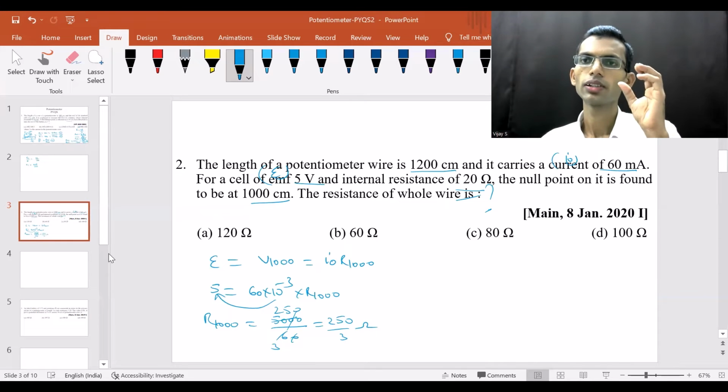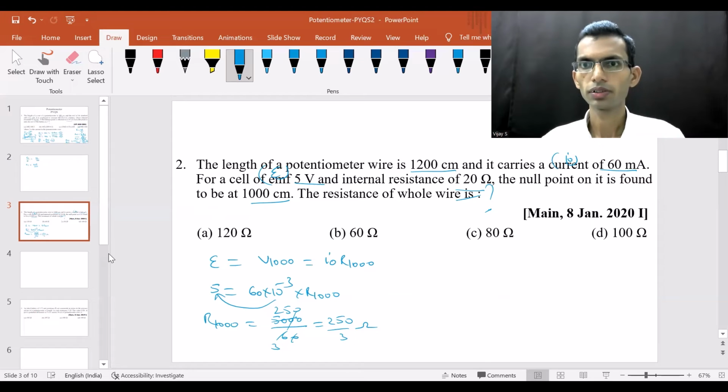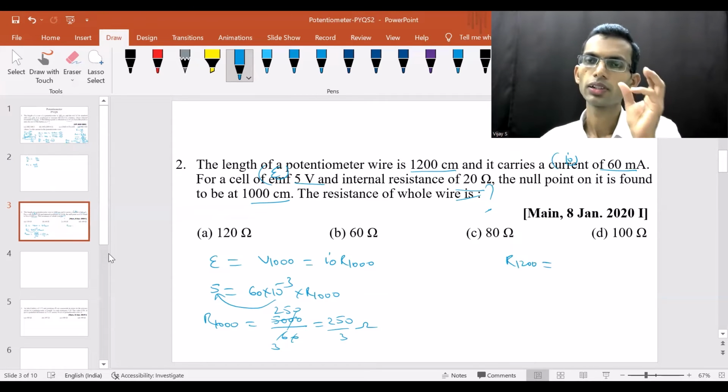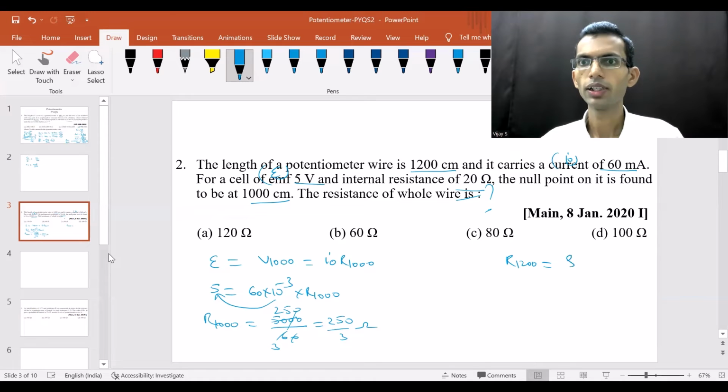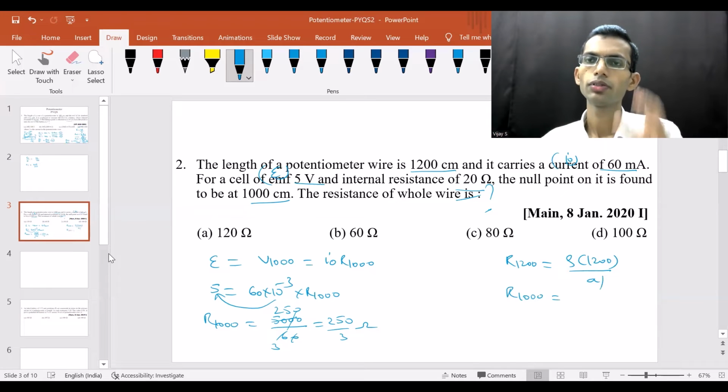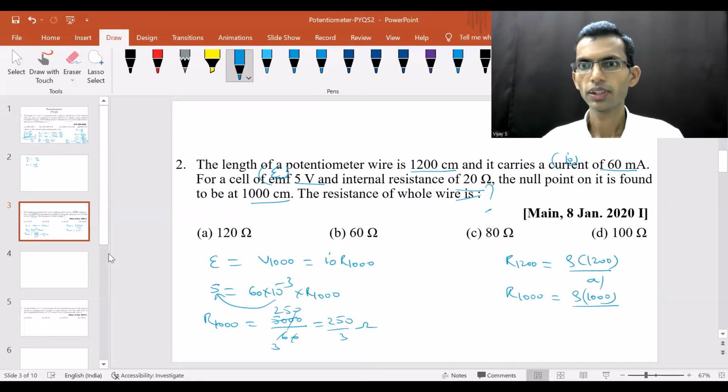But what he is asking is the resistance of 1200 centimeter. R1200 is the resistance of the wire, rho into 1200 by A dash. Similarly, R1000 is the resistance of the 1000 centimeter wire, rho into 1000 by A dash. When we take the ratio, 12 by 10 means 6 by 5.